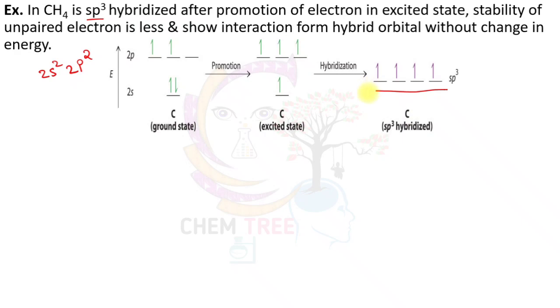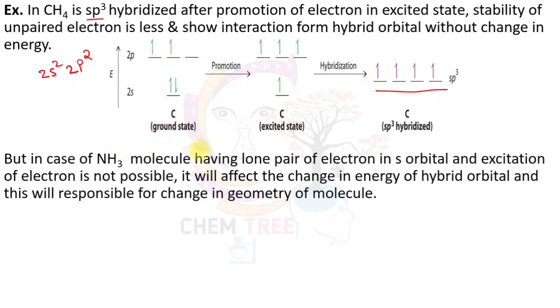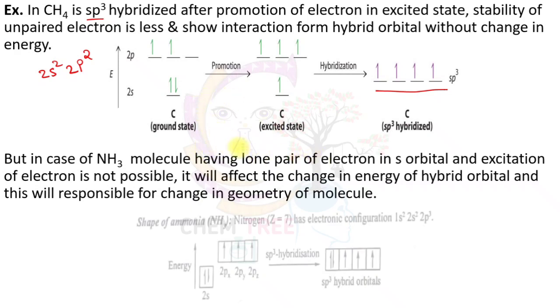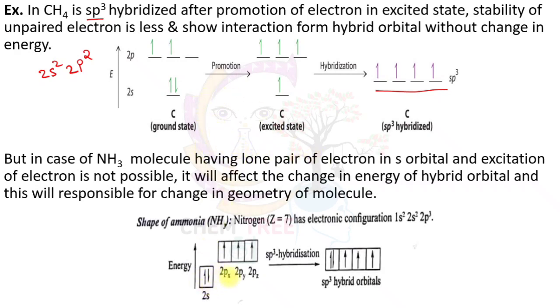But in the case of the ammonia molecule, the lone pair of electrons is present in the 2s orbital, and in the p orbitals unpaired electrons are present. These are easily available for overlapping with hydrogen atoms, and this 2s orbital is promoted to the sp3 hybrid state by a change in energy.